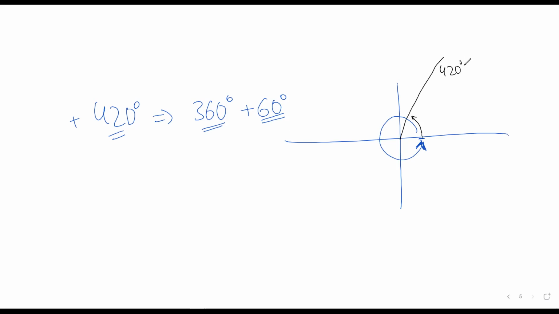So basically, all I'm trying to tell you is that 420 degree is one complete round plus 60 degrees. Any doubt? And I think now you will understand the rest of the logic.